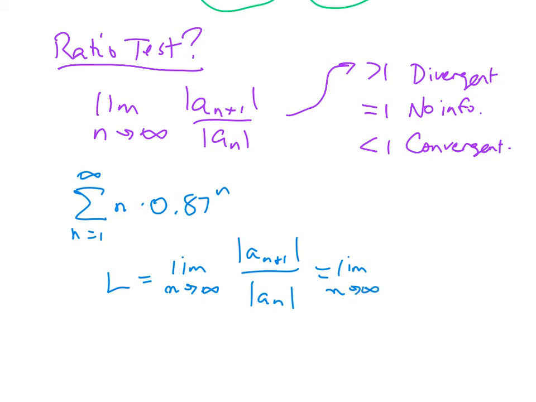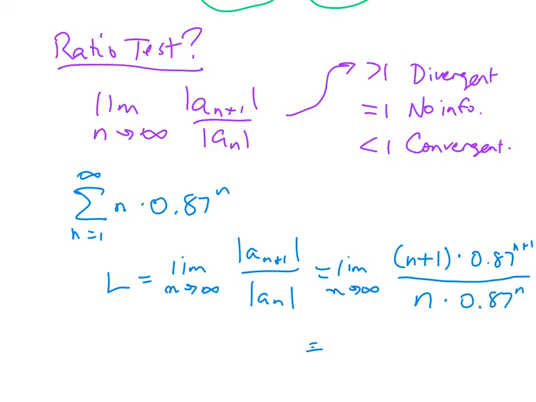And my tablet penmanship has gotten really bad over the break. It's n plus 1 times 0.87 to the n plus 1 in the numerator. And as usual, I'm dropping the absolute values because I know that everything here is positive anyway.